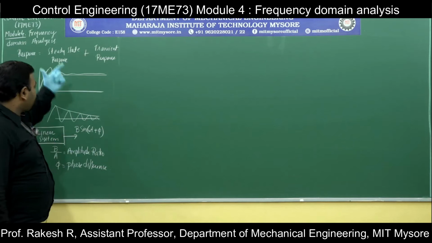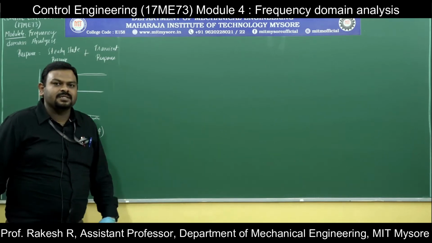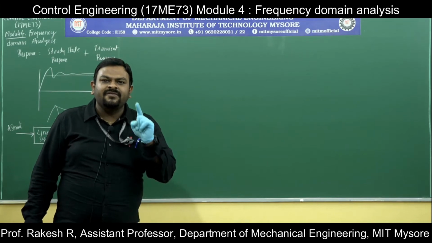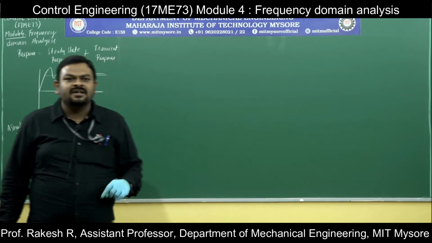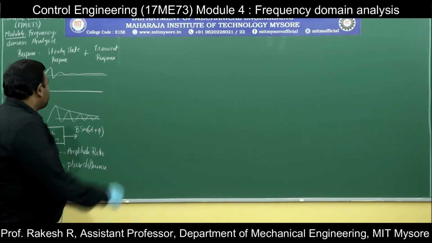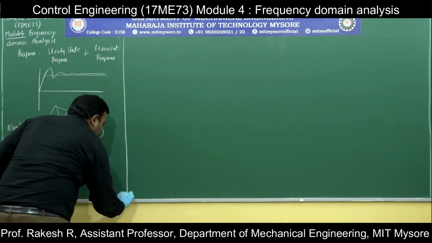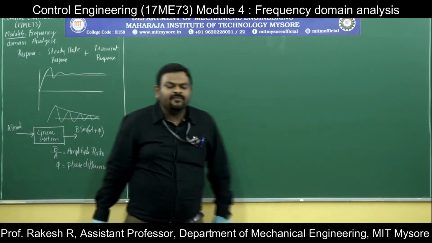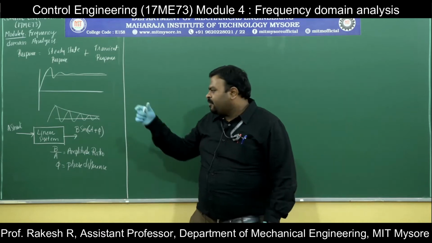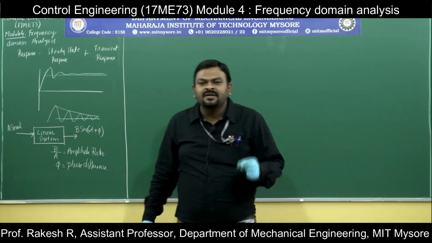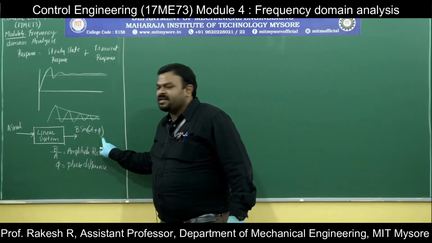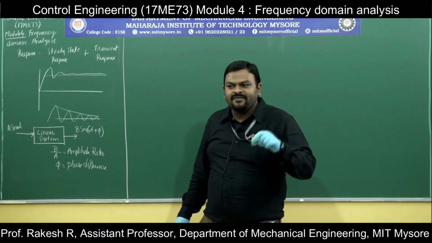Whenever a problem is given in frequency response analysis, the first thing is to obtain the frequency response function. Let us see what the frequency response function is. Before that, the input we are assuming is A sin omega t, which is sinusoidal. The output is also sinusoidal, but the only difference is the magnitude as well as the phase angle.